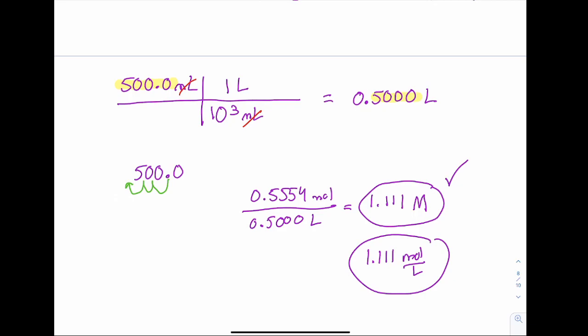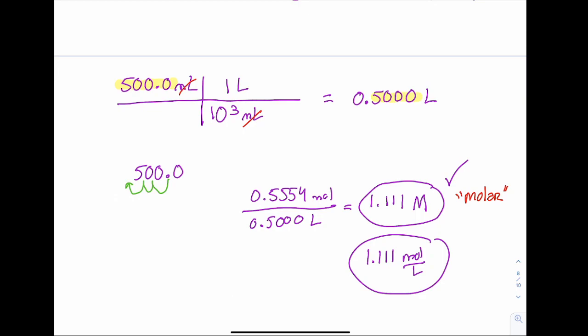How we would read this, it's kind of weird. So the first one where I have the check mark with the capital M, you can do it two different ways. I could say my molarity is 1.111, or I could say it's a 1.111 molar solution. So if you're using the capital M as an abbreviation, it's molarity.